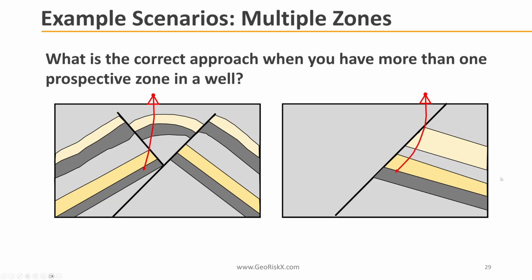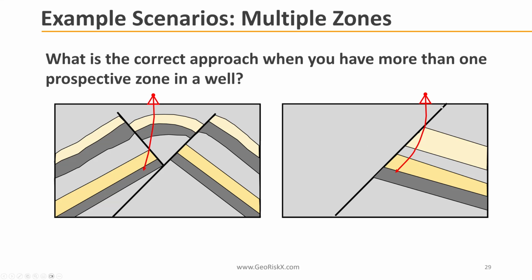So here are a couple of example scenarios. Here on the left, we've got the sand zone shown here in beige and yellow, and we can see that the upper zone is potentially a four-way structural trap that's immediately overlying its own source rock, and then our deeper zone here is juxtaposed against a fault, and it's got its own source rock here.